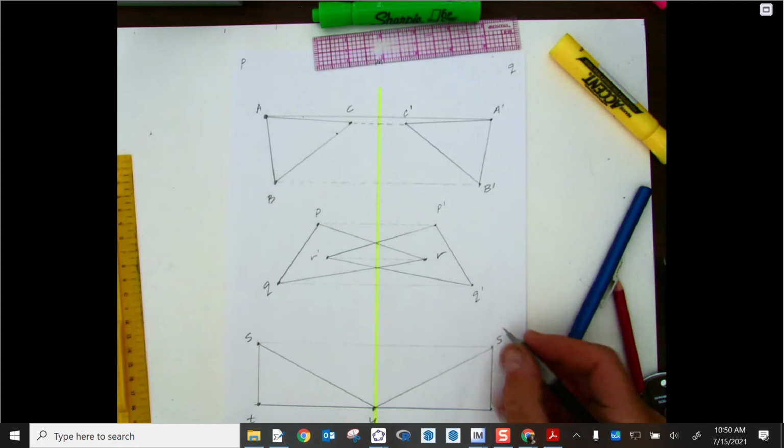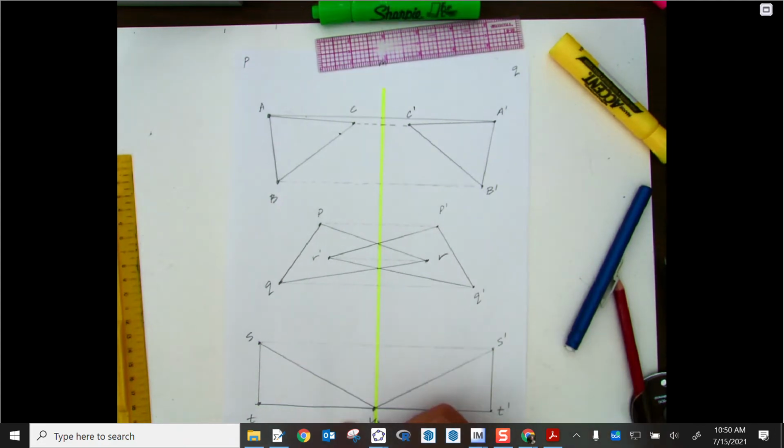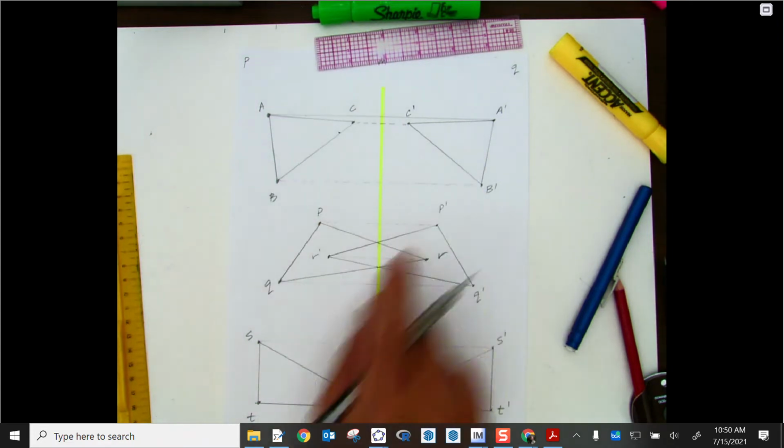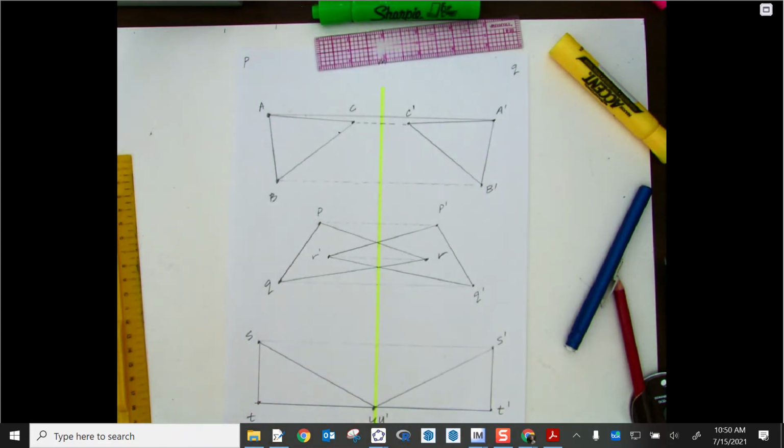I guess this would be an S prime, a T prime, and then U and U prime are both at the same spot there. So I'll let you think about that for a second. Properties seem to be evident in all cases about the line that connects a point to its image under reflection.